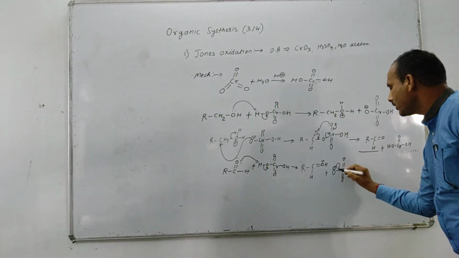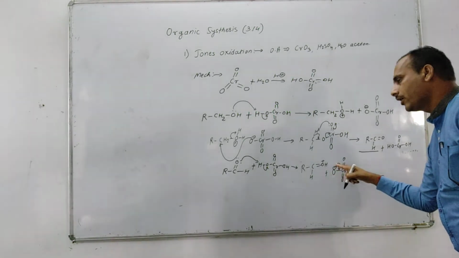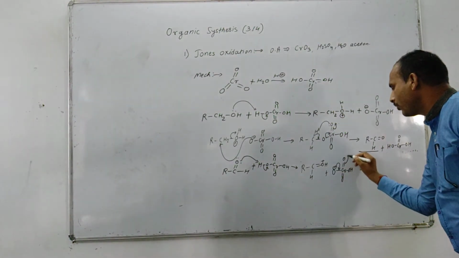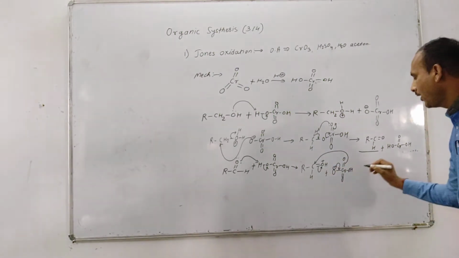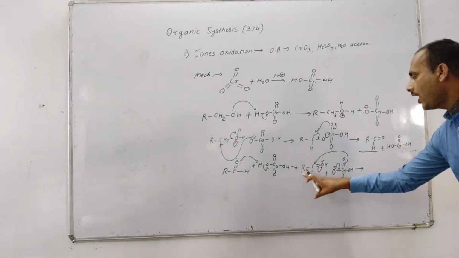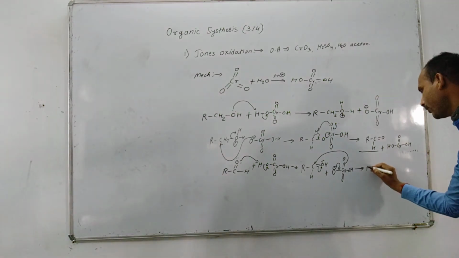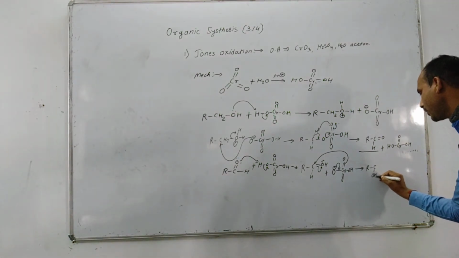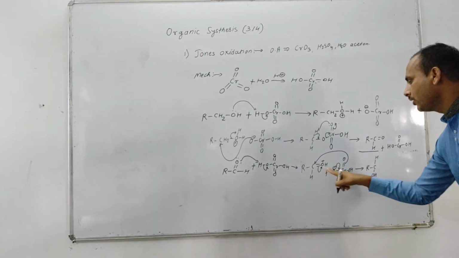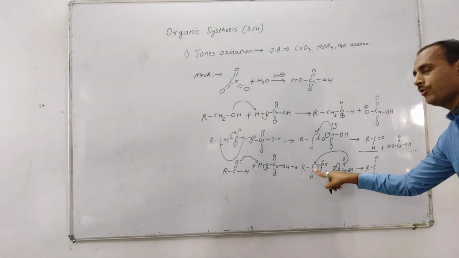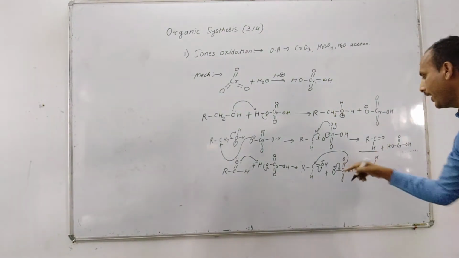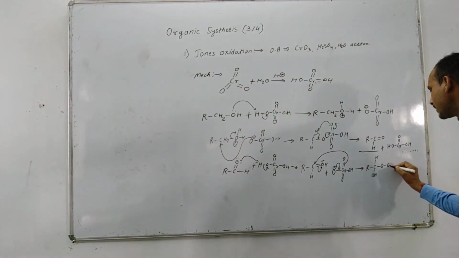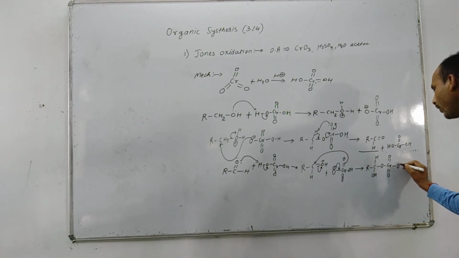This O minus is retained to form a double bond, then the double bond attacks, then the lone pair of oxygen is retained. See here RCOH, and now this is H. Now on this carbonyl carbon, the oxygen of chromic acid attacks, O Cr double bond O OH.